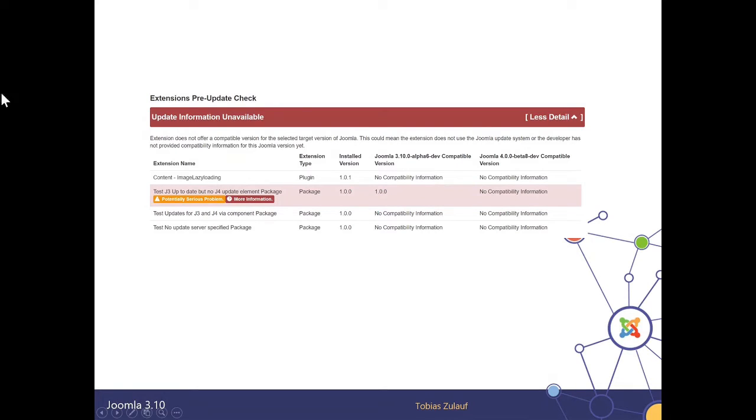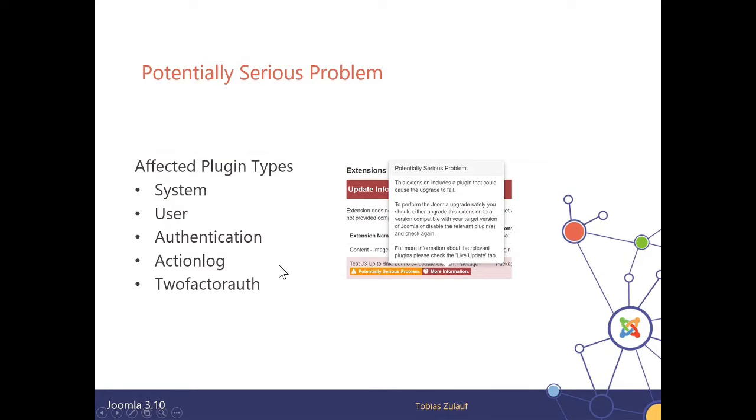So the other ones are just test ones, but there is the potential serious problem kind of message, and this comes from intensive testing, where at the time you do the upgrade, we do some checks and run some code.